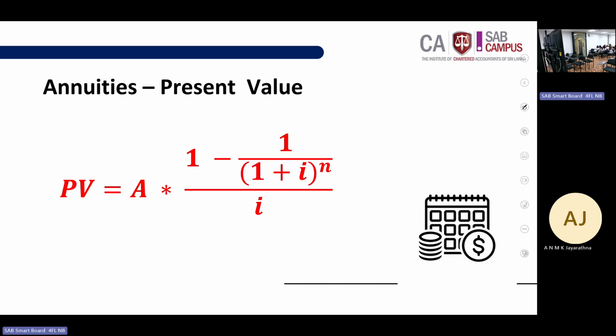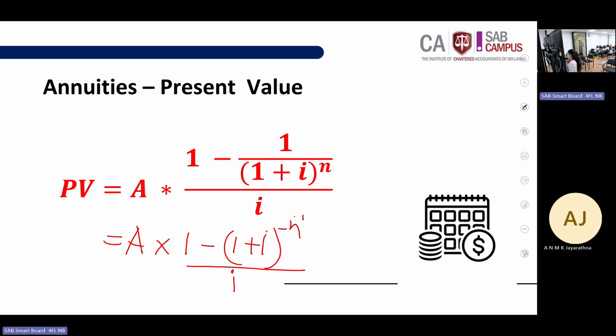Right? Now, what is the formula? 1 minus, see here, 1 minus 1 divided by 1 plus r to the power n, divided by the interest rate. The same formula can be rewritten like this also: annuity, right? 1 minus (1 plus interest rate) to the power minus n, divided by r.